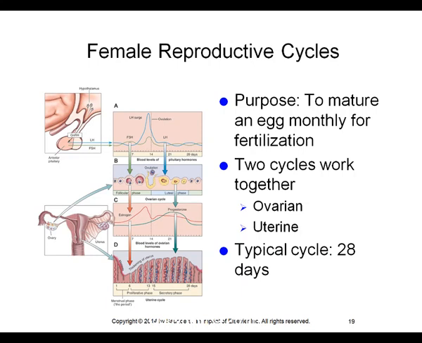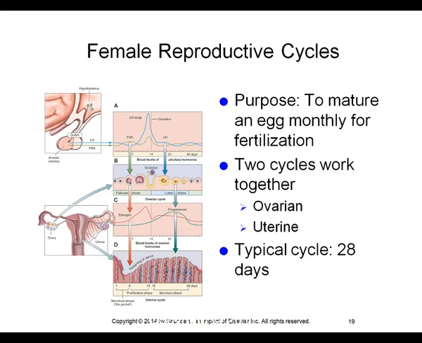The corpus luteum secretes progesterone. So estrogen levels are higher right before ovulation. This is because the follicle, as it gets bigger, is secreting more and more estrogen. Estrogen is still secreted afterwards, but there's more of it secreted before ovulation.